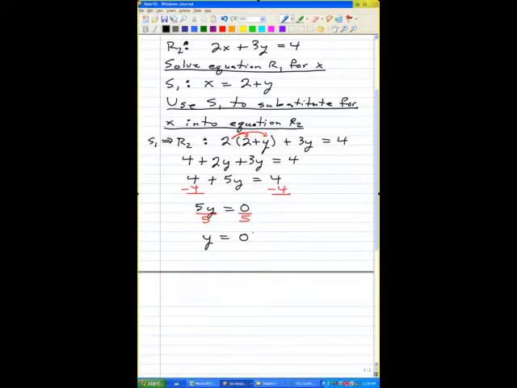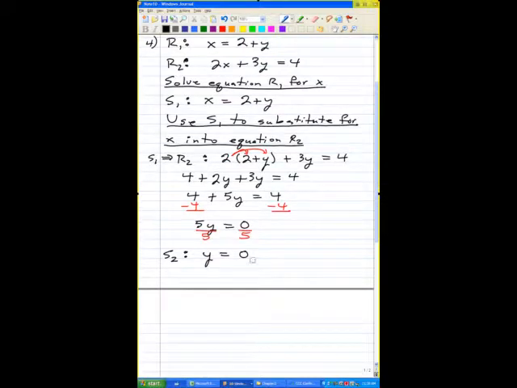Let me call this, let's say, S2. So I now have that y is equal to 0. Now let's use this y to substitute into my S1, and that will then determine what my other variable x is.